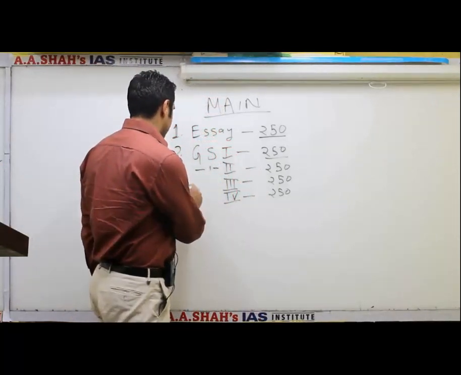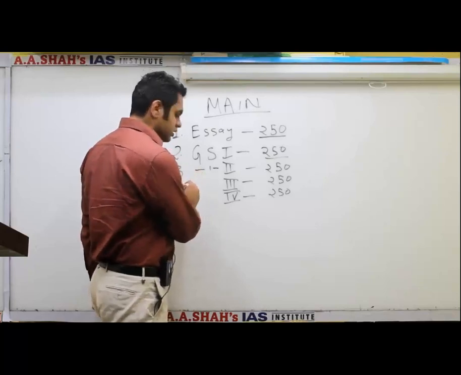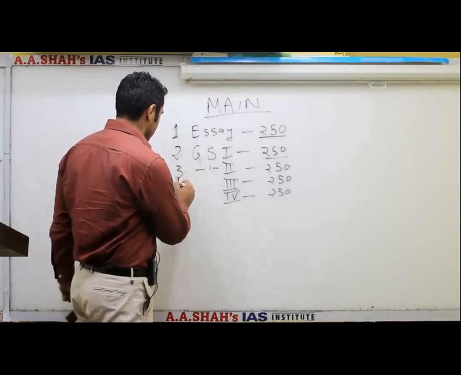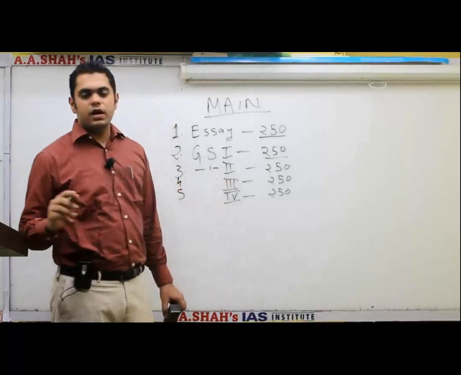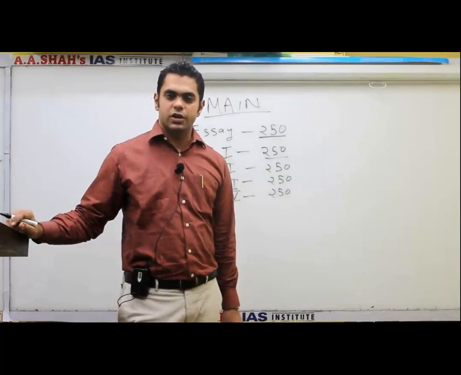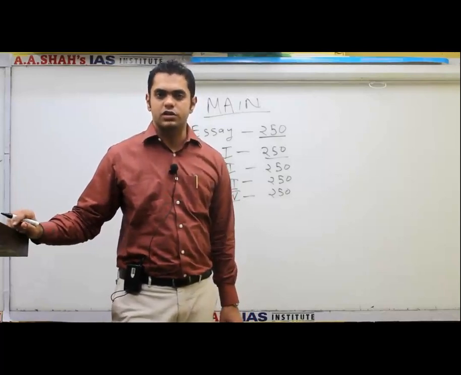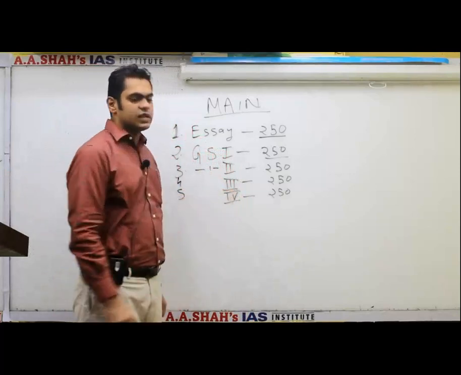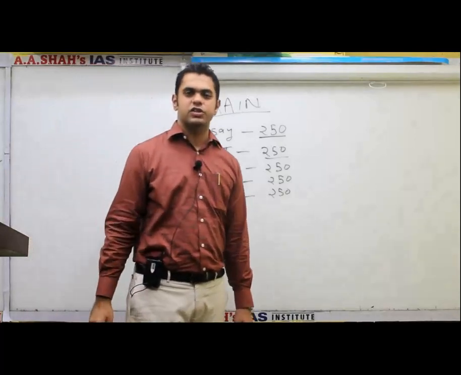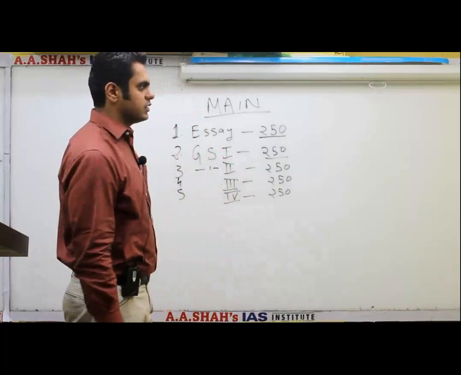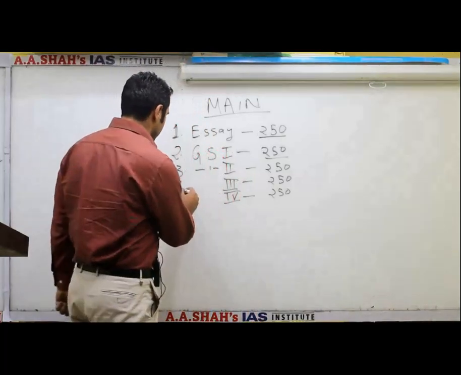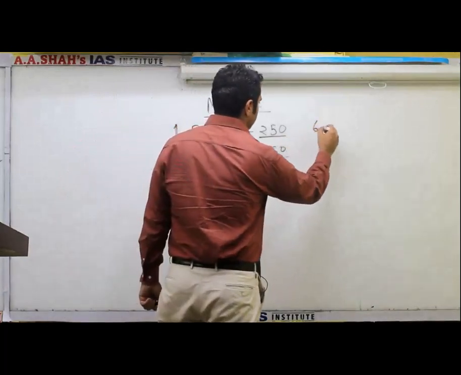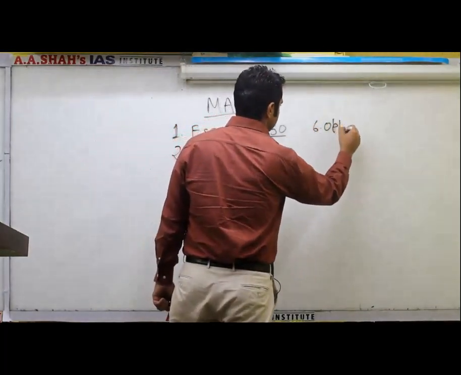GS paper 3 consists of your economy part, your internal security part, environment, science and technology and all these. And GS paper 4 is the ethics paper, which was introduced in the 2013 examination. Then you come to your next paper, which is your optional.